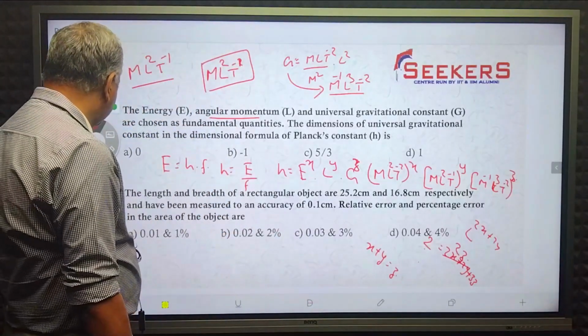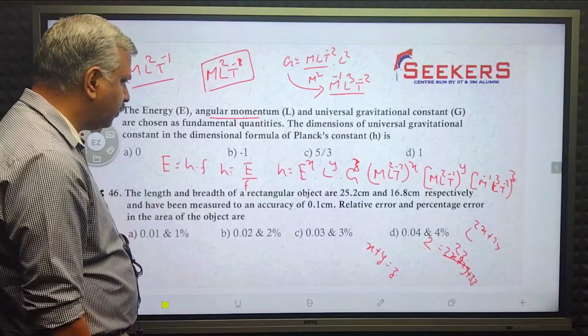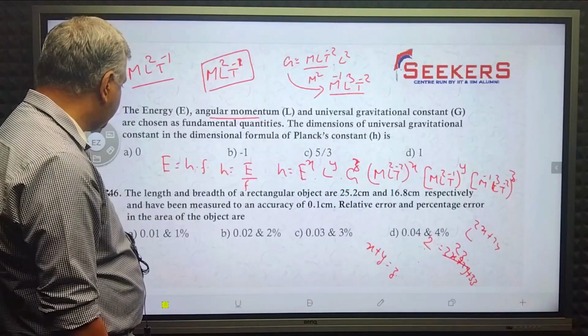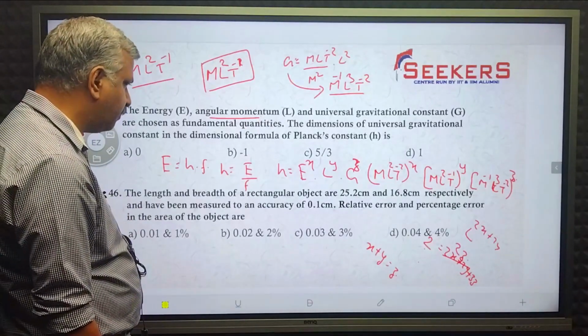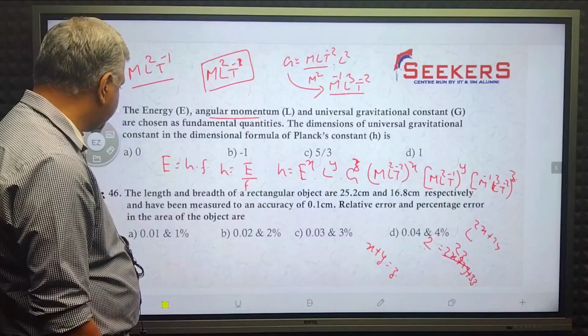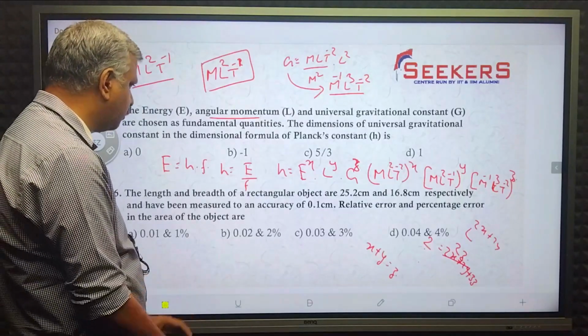The length and breadth of a rectangular object have been measured with an accuracy of 0.1 cm. The relative error and percentage error in the area of the object are how much?